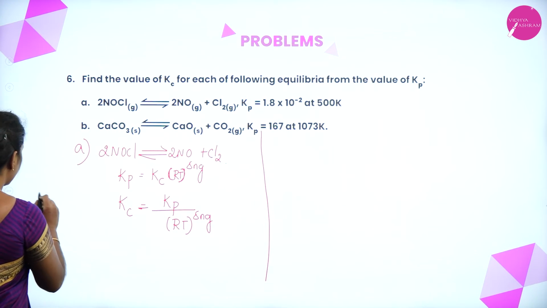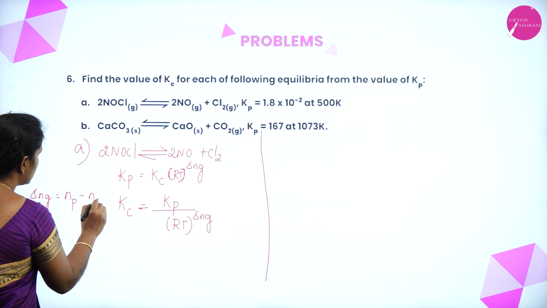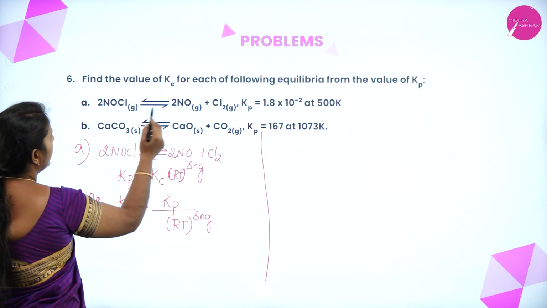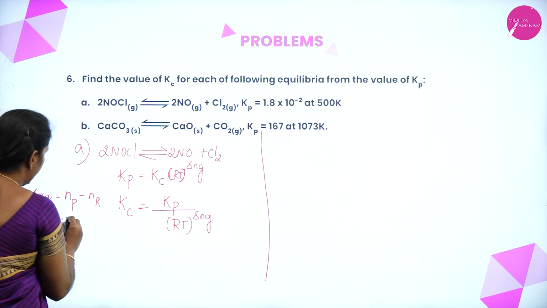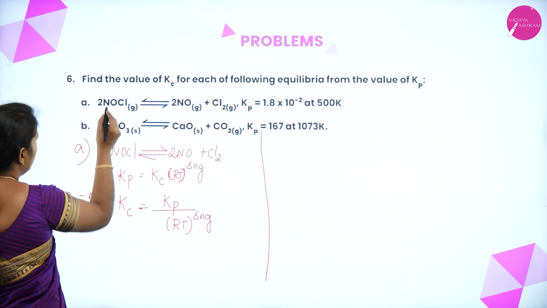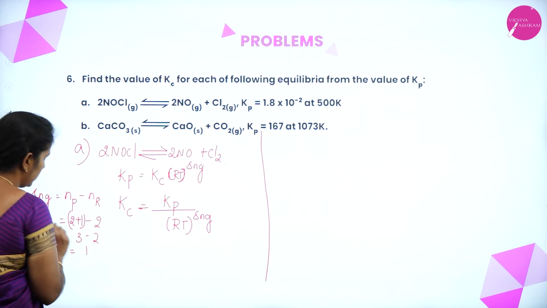So what is the delta Ng here? Delta Ng is the number of moles of the product minus the number of moles of the reactant in the gaseous state. How many moles will be there? Here it is 2 plus 1 minus 2, correct? So it is 3 minus 2, which is equal to 1.